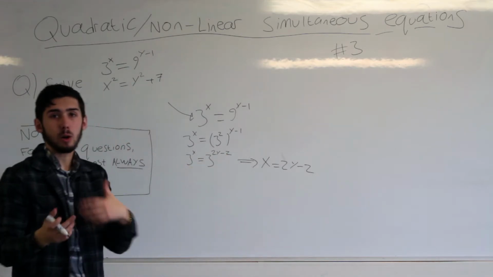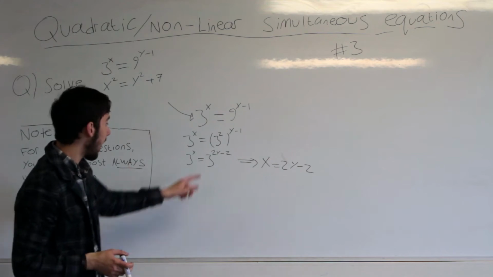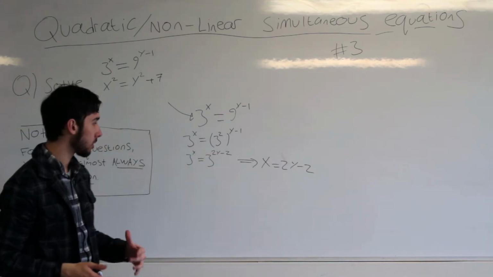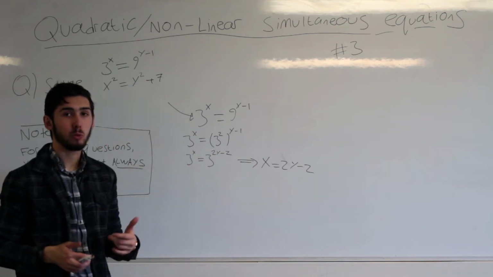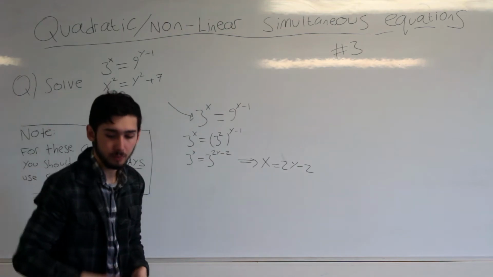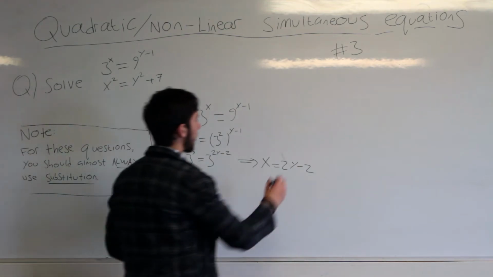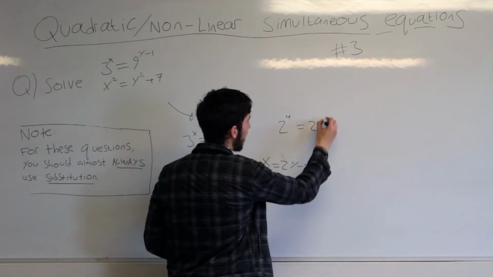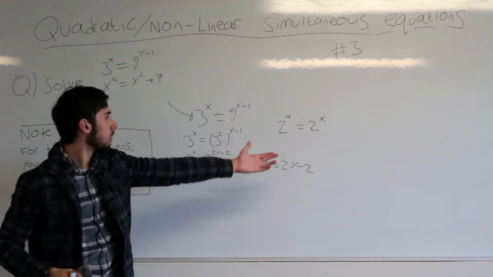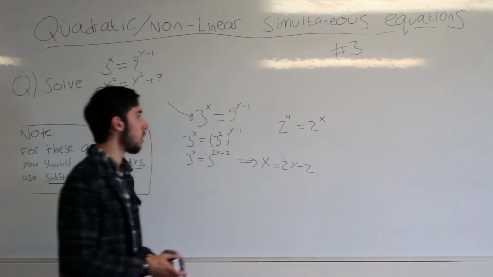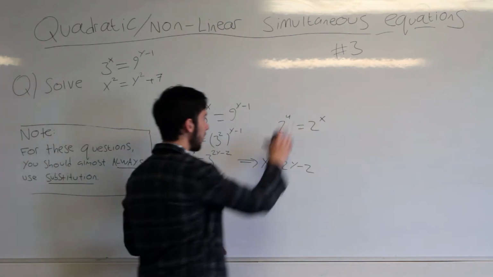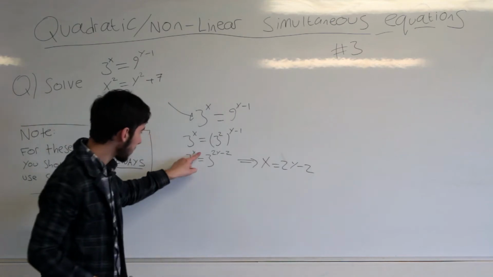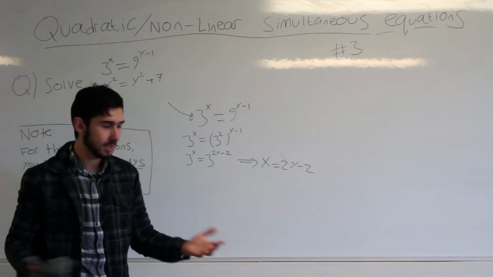Well, that other thing must be the same. If I said to you 2 to the 4 is equal to 2 to the x, you'd say x is obviously 4. Well, it's the exact same principle. x and 2y minus 2 must be the same.